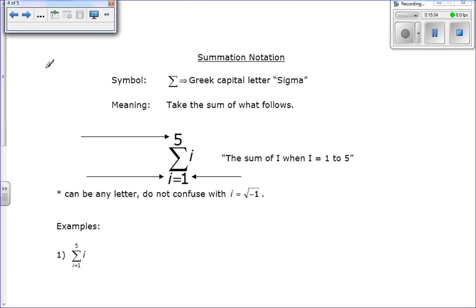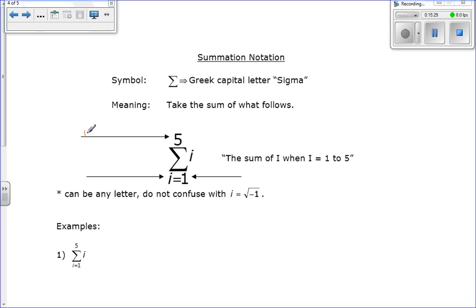Okay, this should look somewhat familiar to you. This is summation notation. We worked on this back in January. It actually does come into play in the statistics, so I want to review what it means. This is the Greek capital letter sigma, and it means take the sum of what follows.